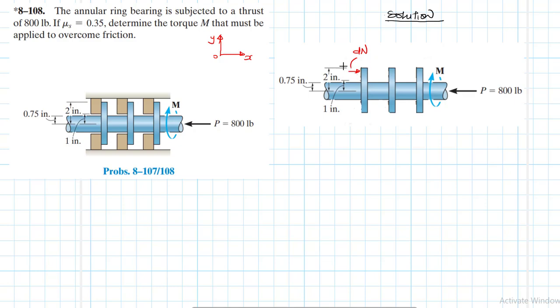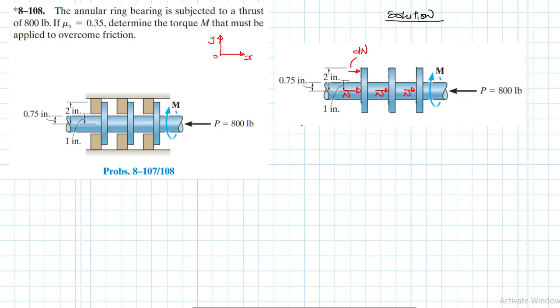And if I integrate these dNs over the whole area, I'm going to find the total equivalent force N, and there we're going to have an N, an N, like that.